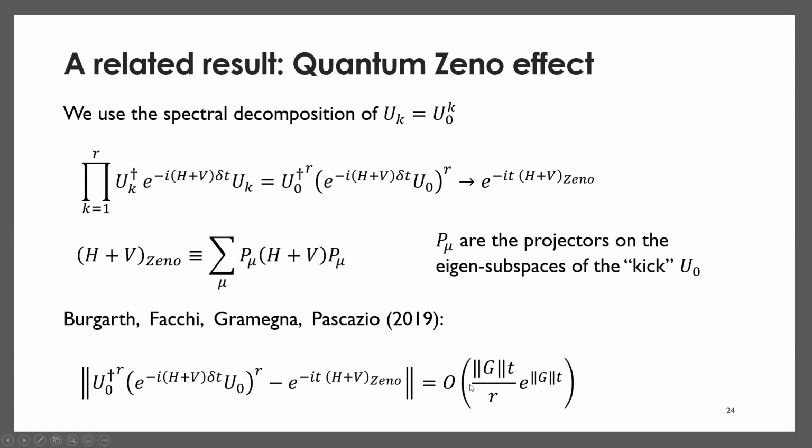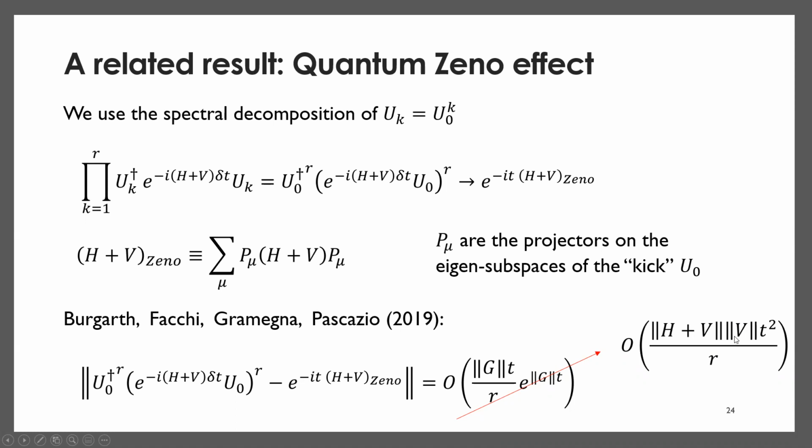But this bound has an undesirable feature in that it increases exponentially with time. In our paper, we improve this bound in a more general setting to a bound that scales only polynomially in time. And from there, we get a tighter bound on the simulation error in a symmetry protected simulation.